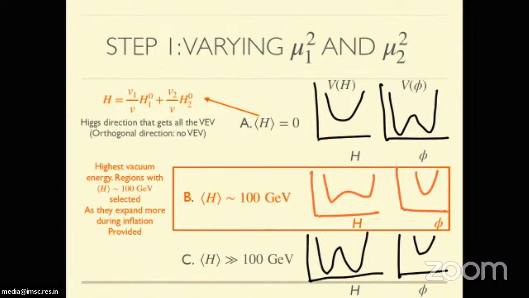And then as I keep increasing the Higgs vev, where the Higgs mu squared is very large, the phi is settled here, but the Higgs potential becomes deeper and deeper. So if you look at the vacuum energy, it is maximized in this middle panel. The vacuum energy is maximized for a Higgs vev which is 100 GeV, and indeed this is much smaller than the cutoff, which is 10^10 GeV for us.